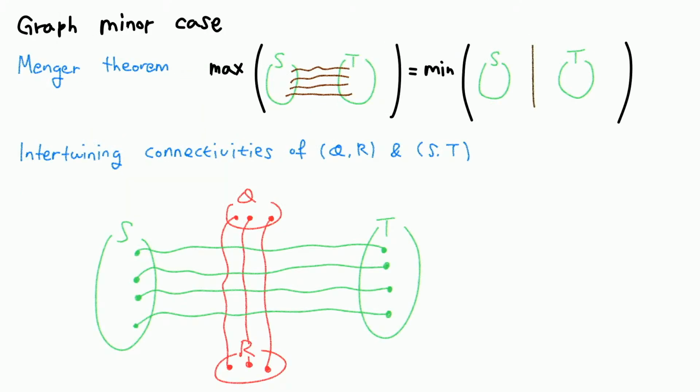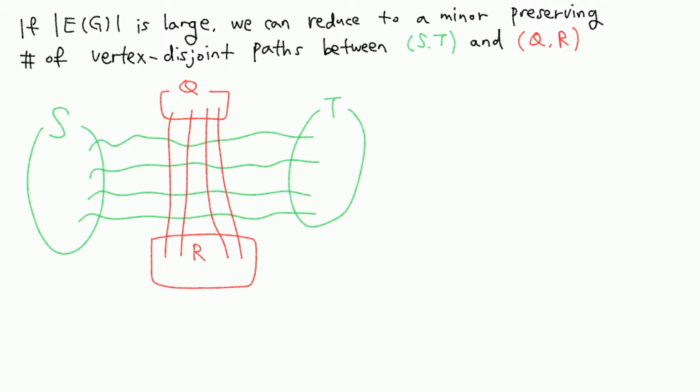So the question is, which condition is needed for finding this kind of edge, which can be removed by a minor operation while preserving the number of disjoint paths between Q and R and the number of disjoint paths between S and T. Then the answer is that we only need to guarantee that G has a sufficiently large size.